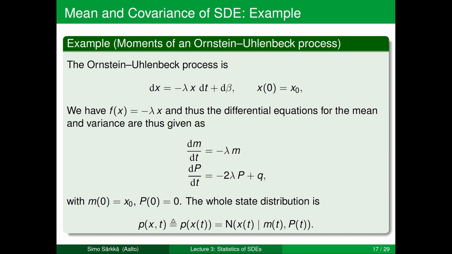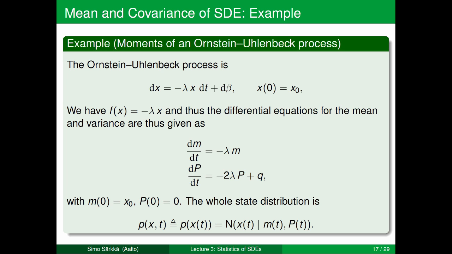Let's now take a look at an example of mean and covariance equations, or actually mean and variance equations. The Ornstein-Uhlenbeck process is given as dx is equal to minus lambda x dt plus d beta, and we now assume that x(0) is equal to x_0. So in this case we have a one-dimensional state and f(x) is equal to minus lambda x.